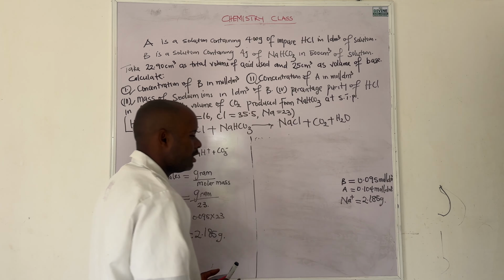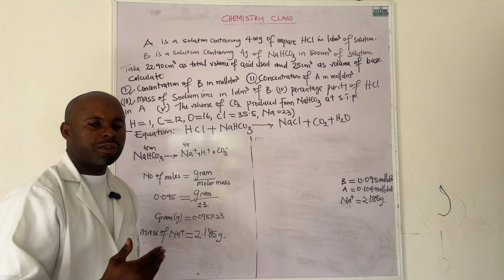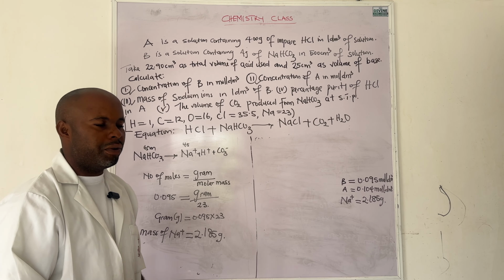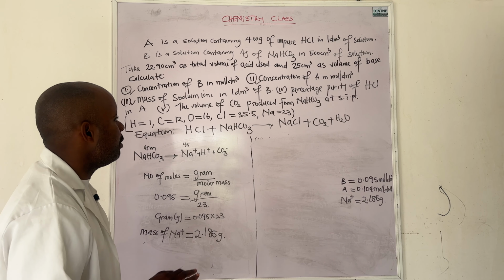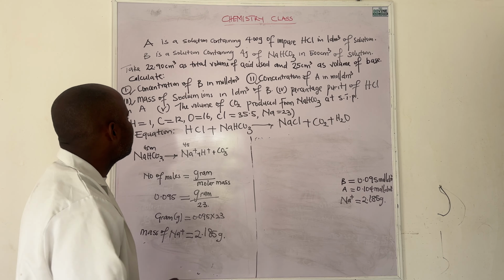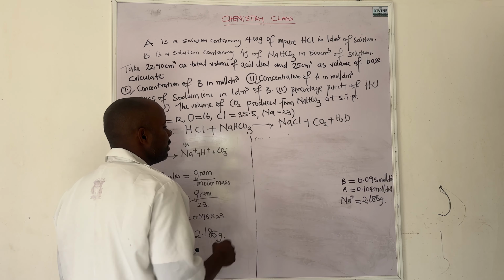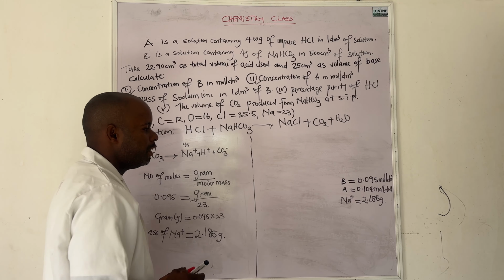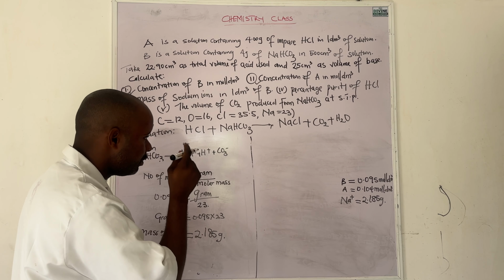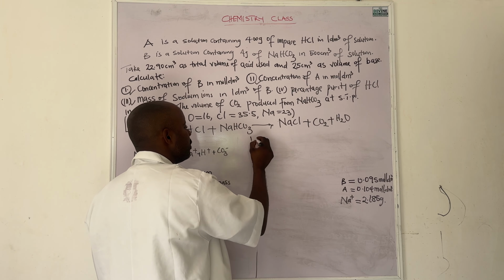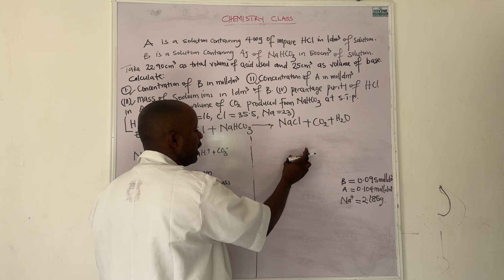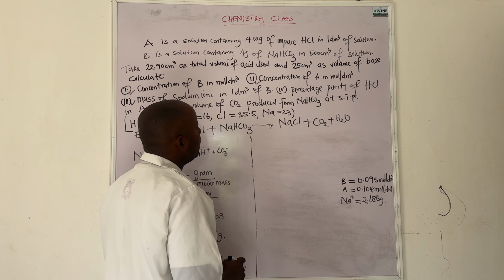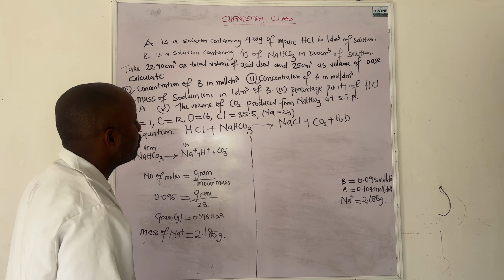When we talk about percentage purity, it is the pure substance that actually reacts in a chemical reaction, while the impurity remains in the system. The mass of the impure sample is 4.0 grams. We want to know the concentration of the pure substance. Since we know the concentration and the molar mass, we can find the mass of the pure substance.